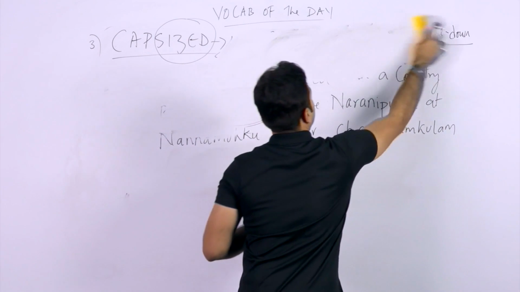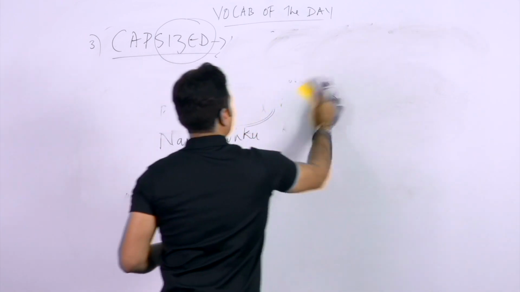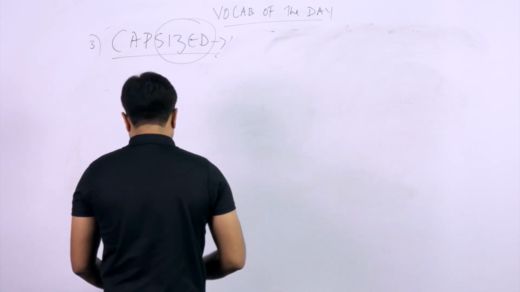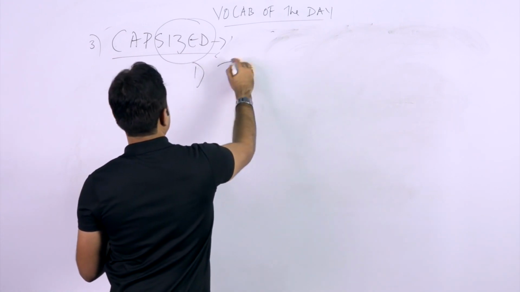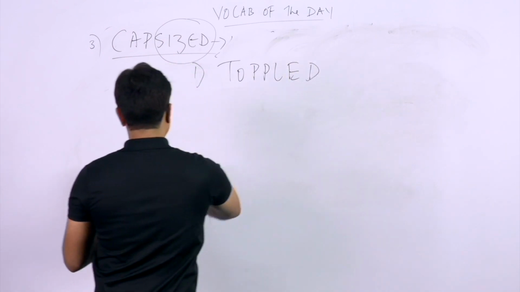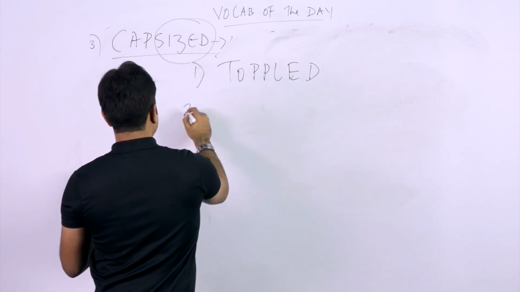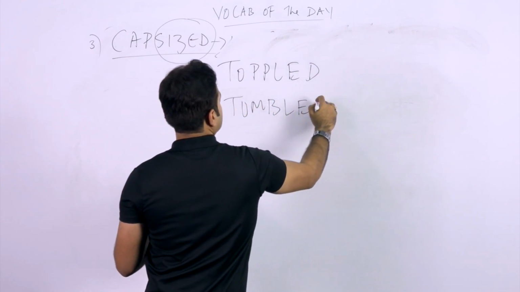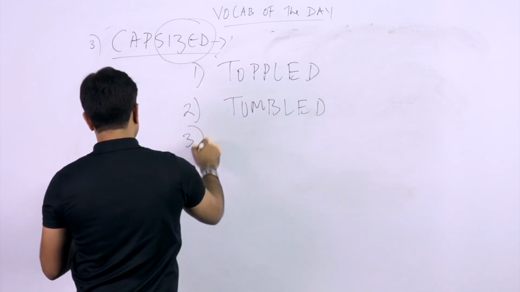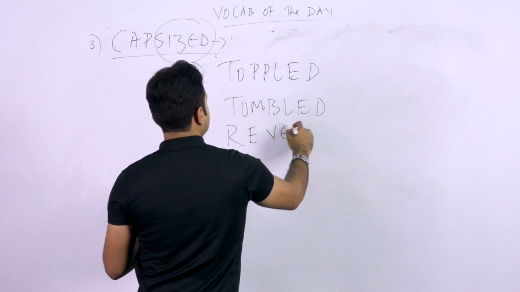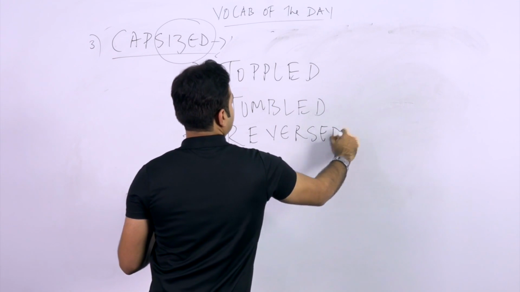Now proceeding to the synonyms, there are several words, but for capsized, the first word I have taken is toppled. It's a simple word. Every student can connect with the word toppled. The second word I have taken is tumbled. The third word is reversed.